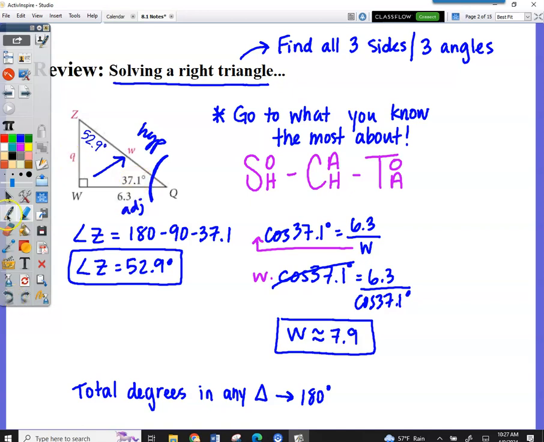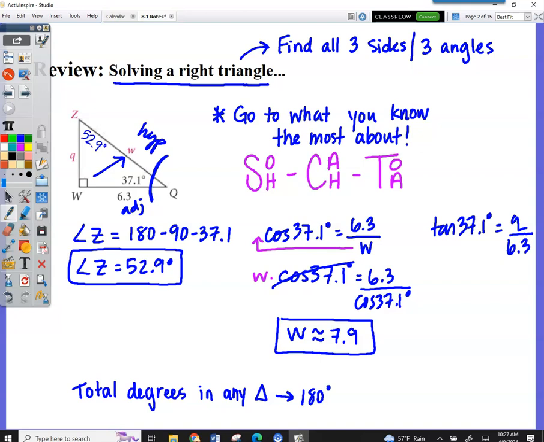If you don't want to use trig, what's another way? Pythagorean theorem. I personally don't like the Pythagorean theorem. I feel like I run into more decimals along the way. I like trig. I can see trig faster. Especially when you set up the fraction and the variables in the top of the fraction.